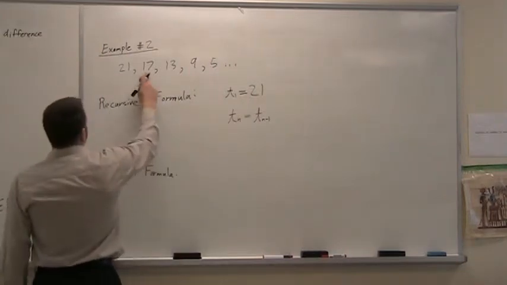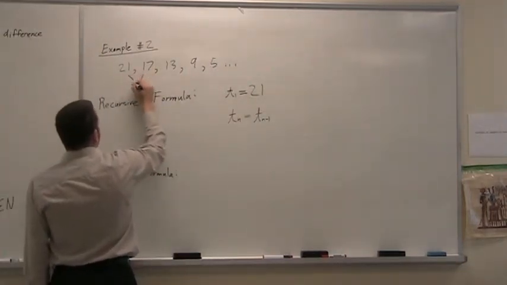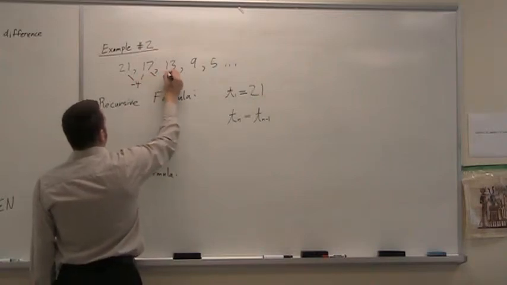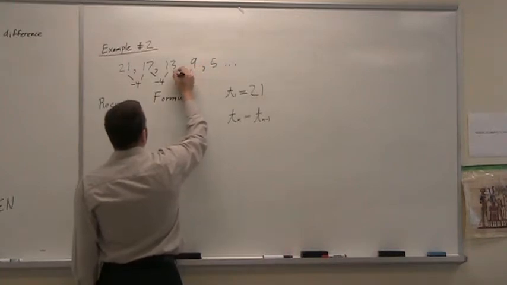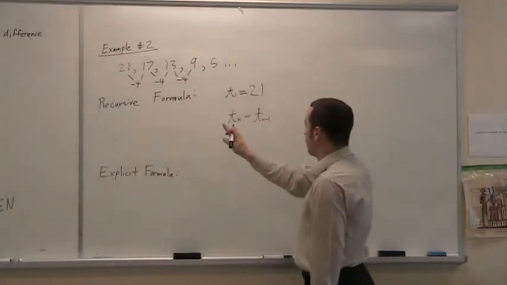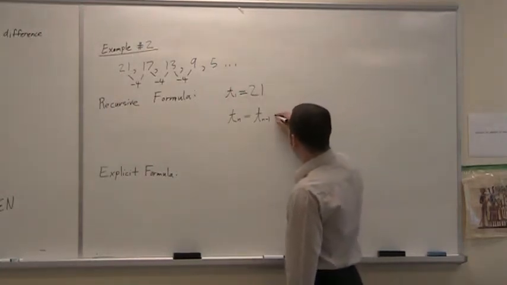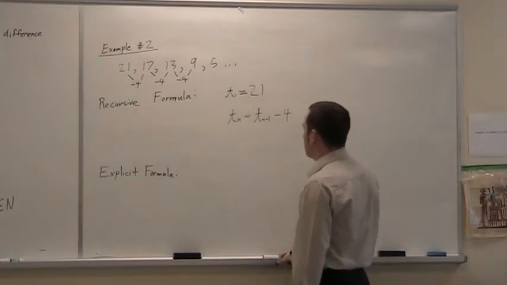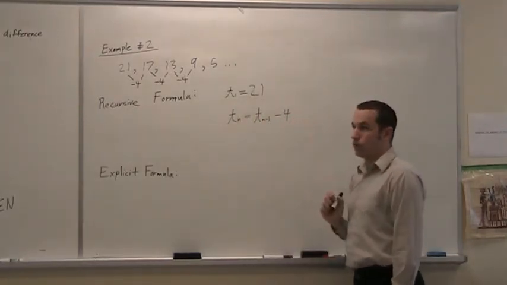If I go 17 subtract 21, I get negative 4, so the common difference here is negative 4. 13 subtract 17 gives you negative 4, so it's constant throughout. 9 subtract 13 gives you negative 4. Okay, so our common difference here is negative 4, so instead of going plus 4, you subtract 4. Okay? So to get any term, you take the previous term and subtract 4.